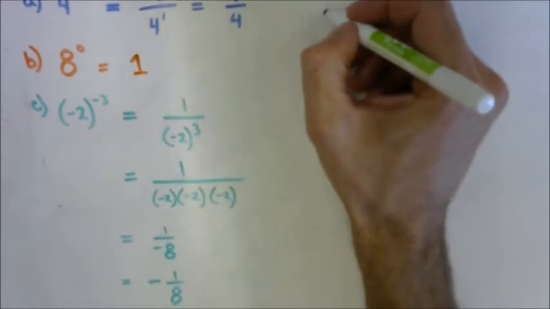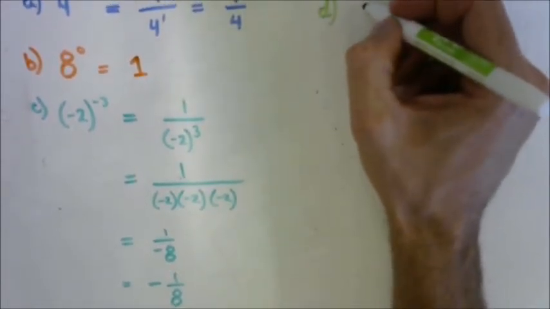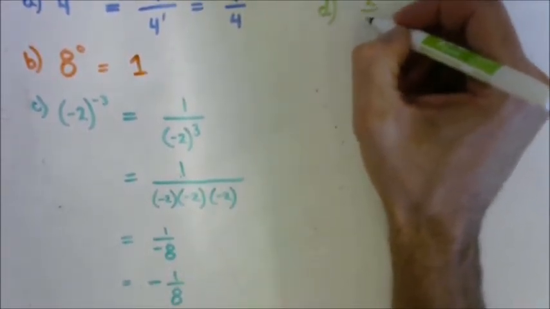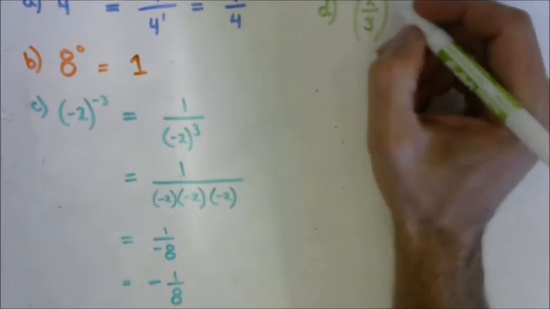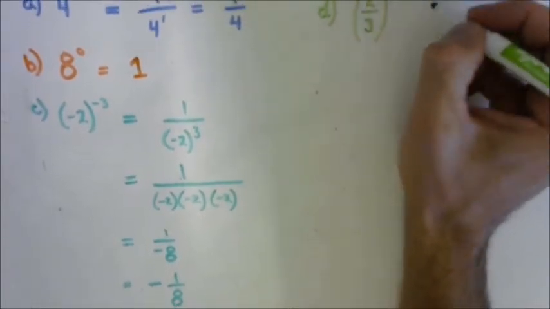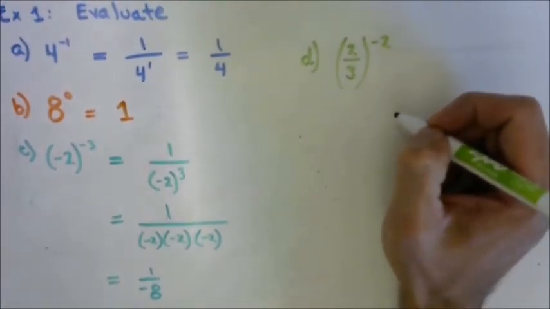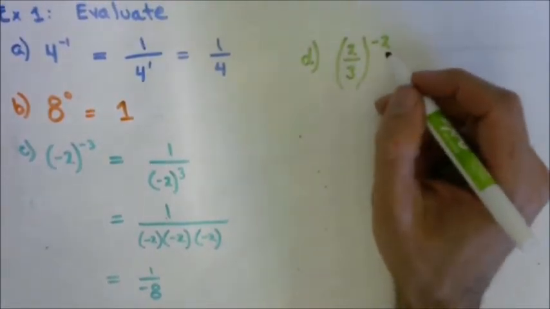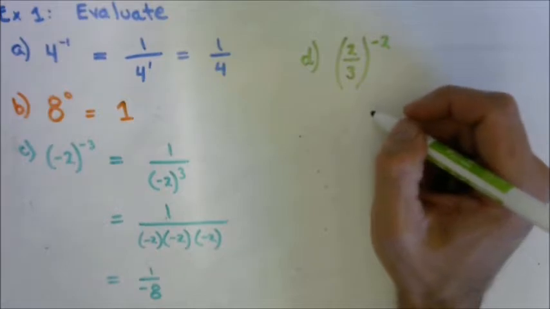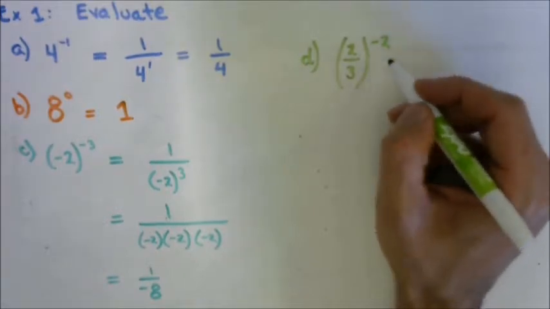D is a little bit more challenging because it uses a fraction. So you're getting a little bit of every kind of example here. Again, raised to a negative exponent. So D is 2/3 raised to the power of negative 2. What do we do when we see a negative exponent?